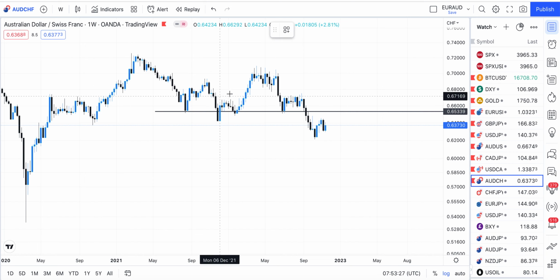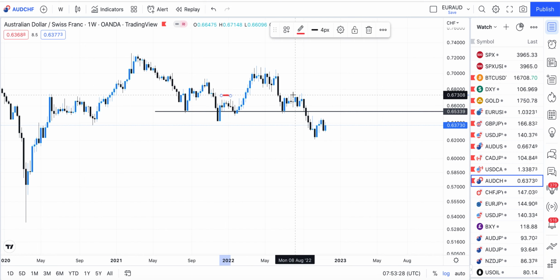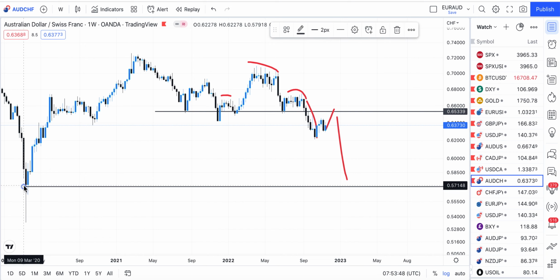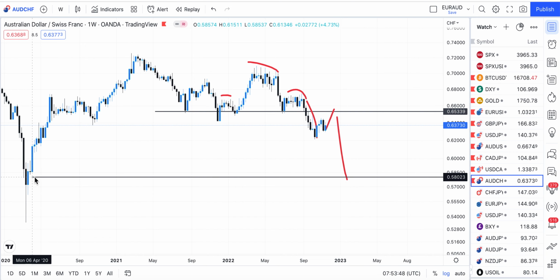If you check this area too, we have the head and shoulder, and we have the break of this neckline. So we might come back and retest this particular area, and then we have a rejection to this particular area.